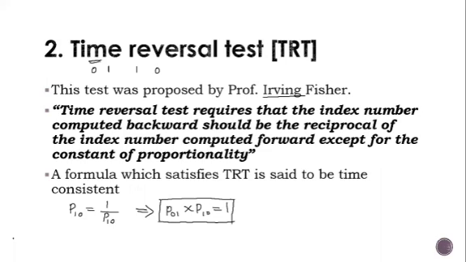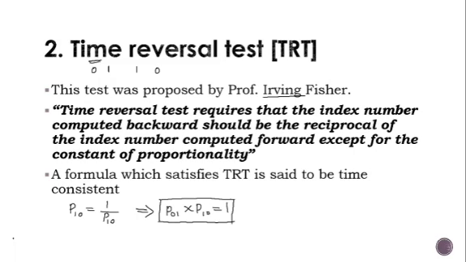Second, we learned about the time reversal test. In the time reversal test, you reverse the time: the base you convert into the current year, and the current year you reverse to the base year.